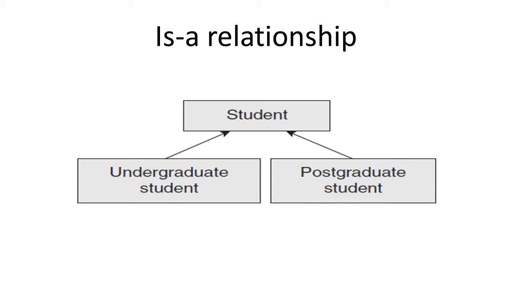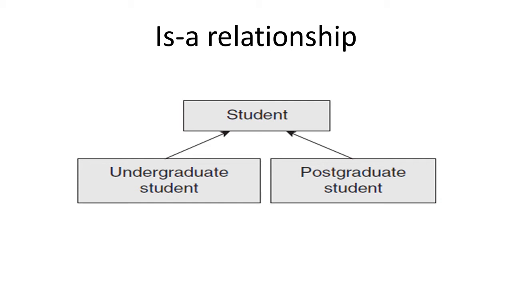Suppose there are three classes: a student class, an undergraduate student class and a postgraduate student class. So we can say that an undergraduate student is a student, and a postgraduate student is also a student. Both of these have some common features. These common features will be represented in a parent class called student.